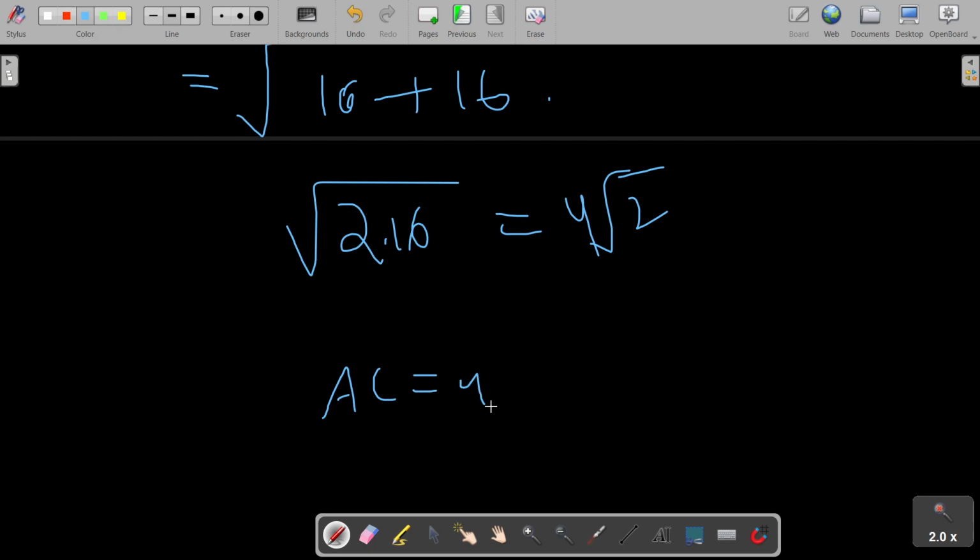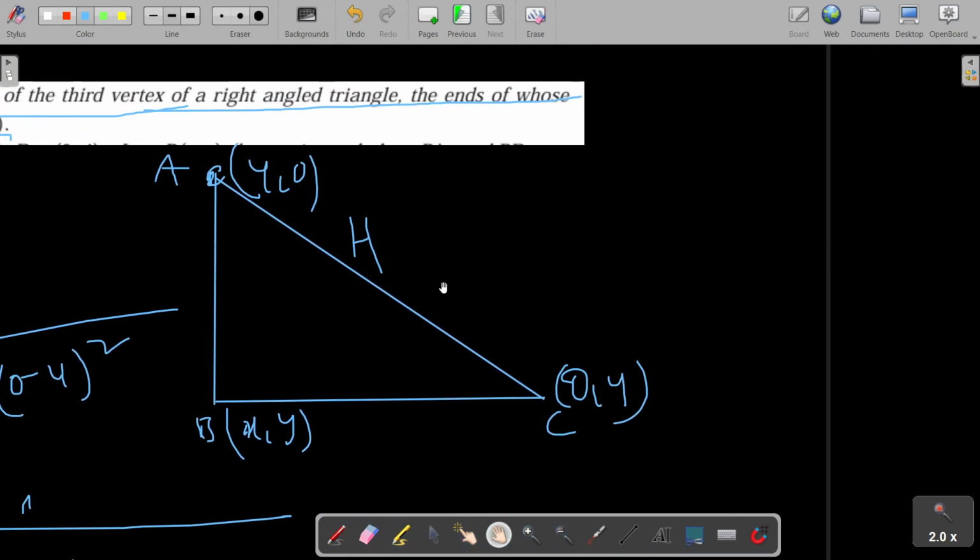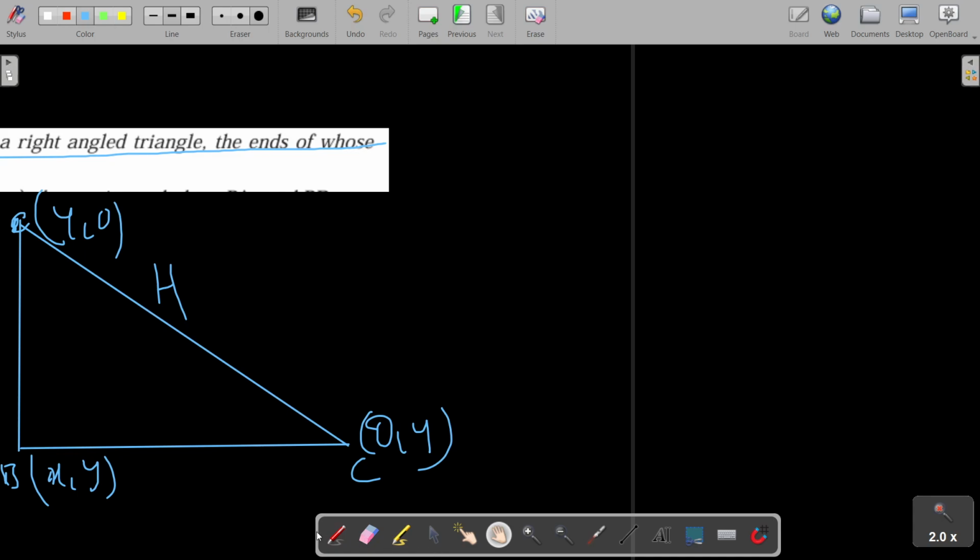AC is 4 root 2 and AC squared is 16 times 2, which is, sorry, 32. So we got AC squared, and let's calculate AB squared and BC squared.